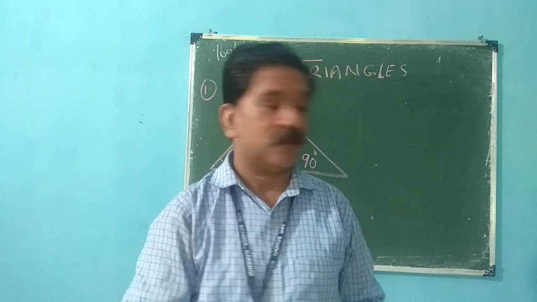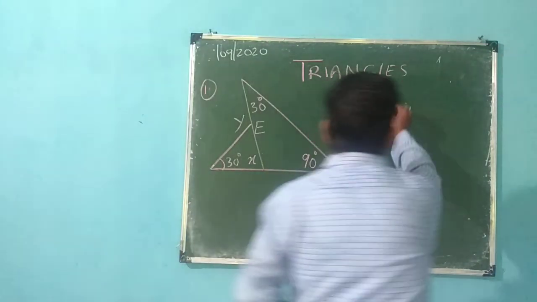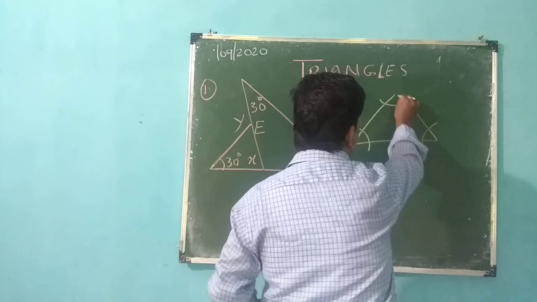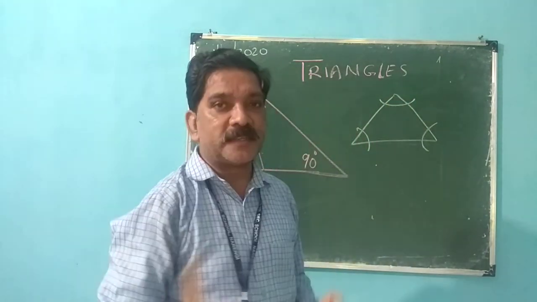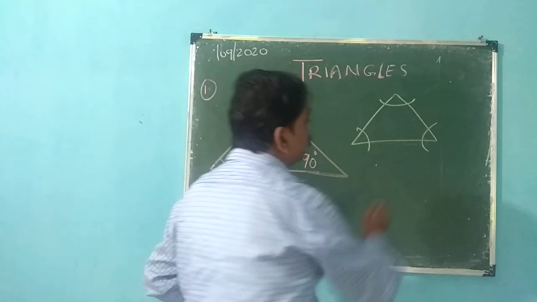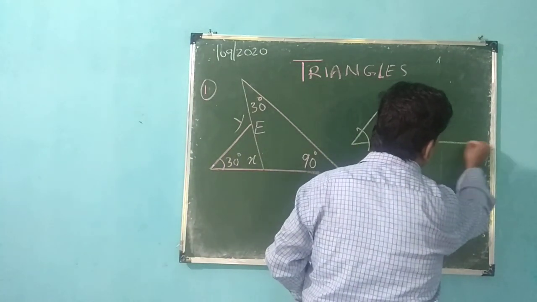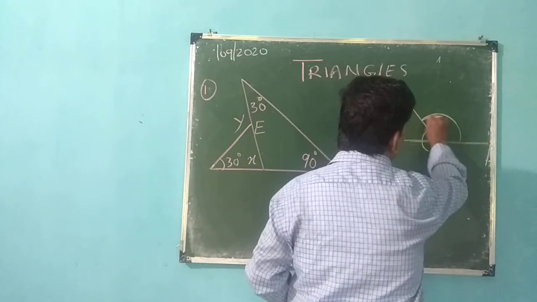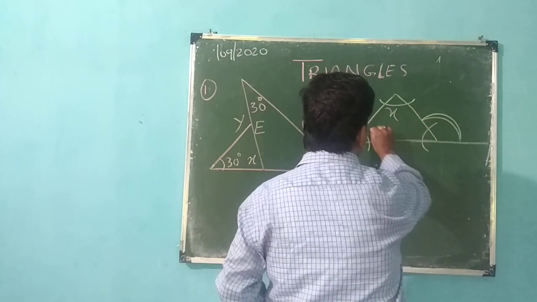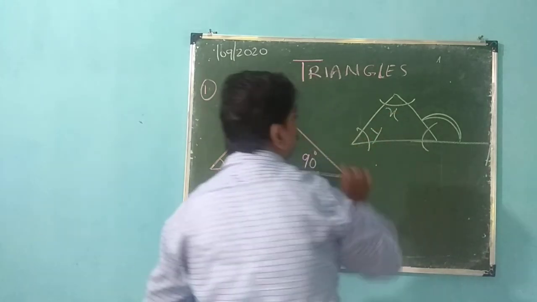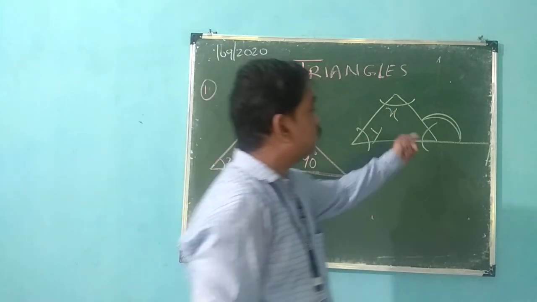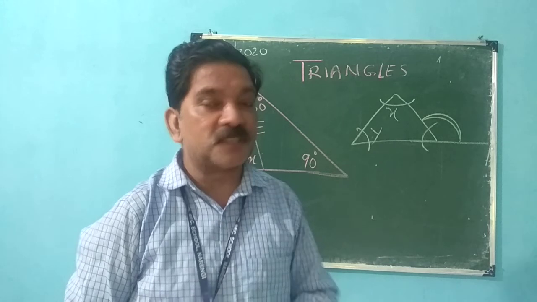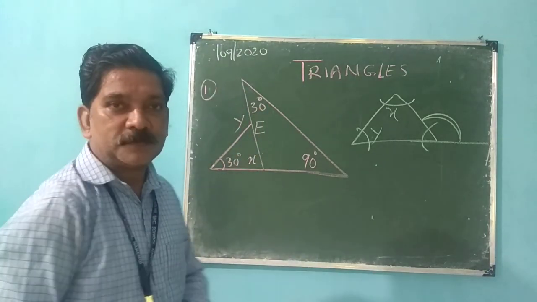That means if I draw a triangle, this angle plus this angle plus this angle is equal to 180 degree. That you know very well. Suppose if I extend this line, then this is the exterior angle. This exterior angle is equal to these two interior angles which are opposite. Not this one. It has to be the opposite interior angles. Clear?